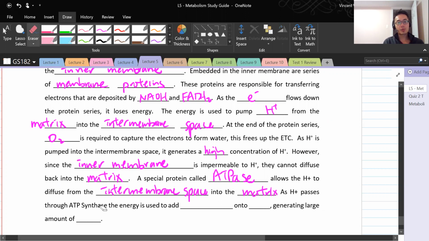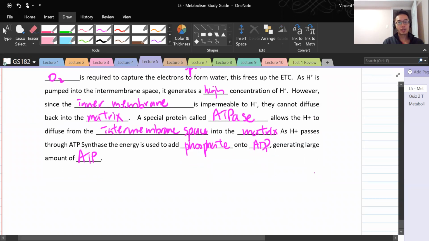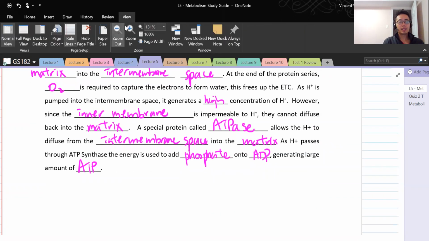As H+ passes through ATP synthase, the energy is used to add phosphate onto ADP, generating a large amount of ATP. So that's that. That's the fill in the blanks.